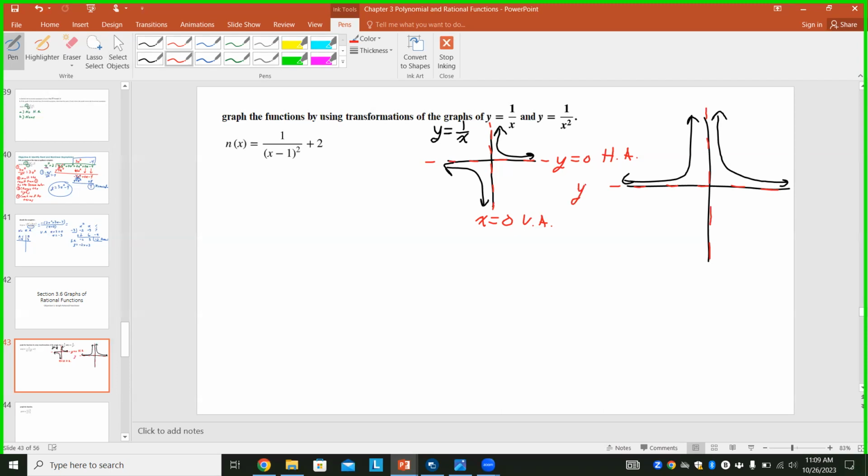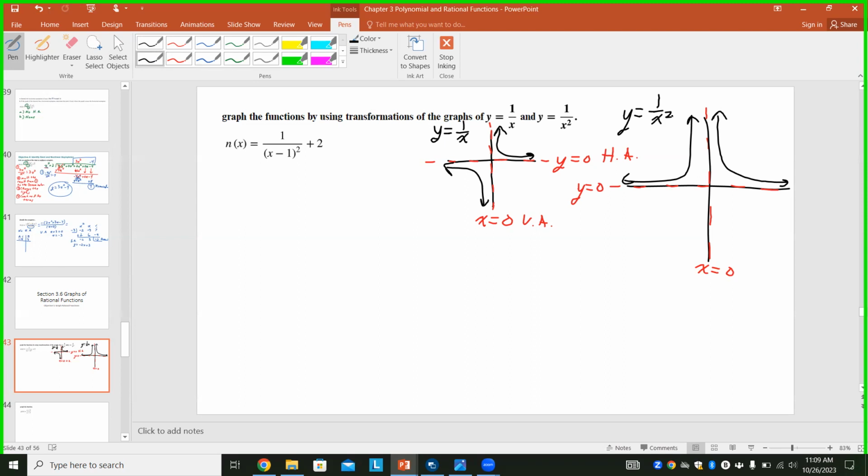So again, this is y equals 0, and this is x equals 0. And again, this is y equals 1 over x squared. So those are your two parent functions that we're going to use to help us translate this.